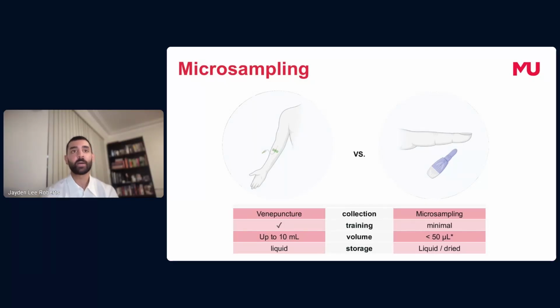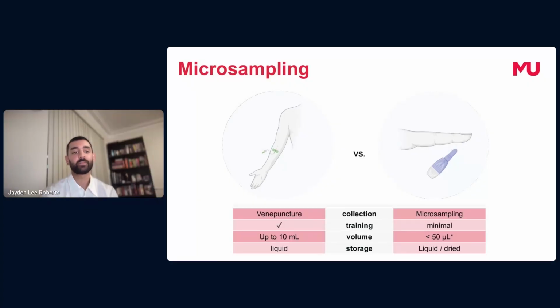It's much like the way a diabetic would perform a spot glucose test by pricking their finger, simply by lancing the fingertip with a single-use lancet. And this is therefore able to be performed by individuals without professional training. Volumes are generally a lot less.